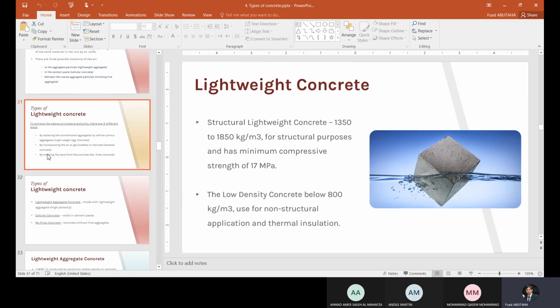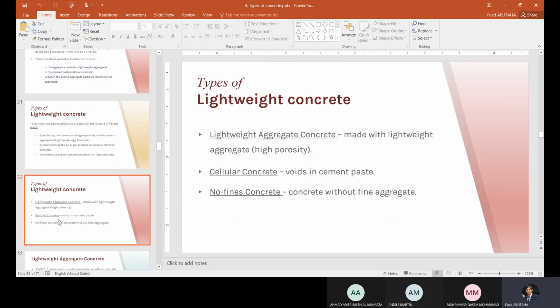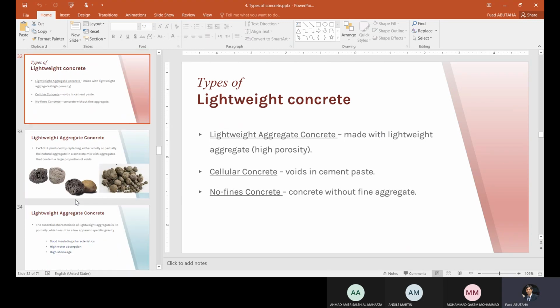But normally with lightweight concrete, it's very difficult to get proper strength at the same time as a lower density.